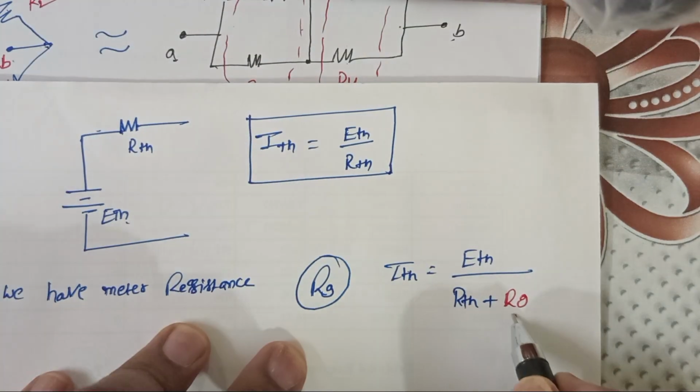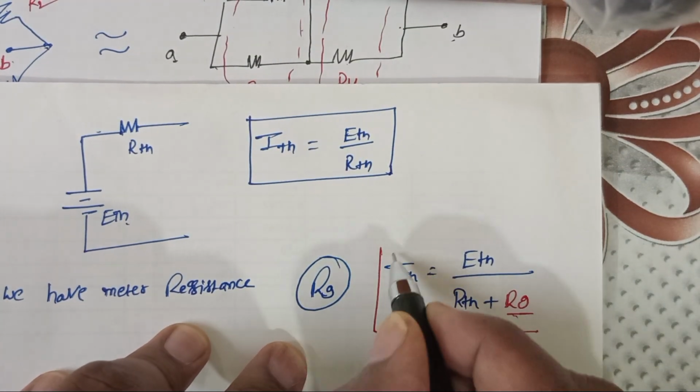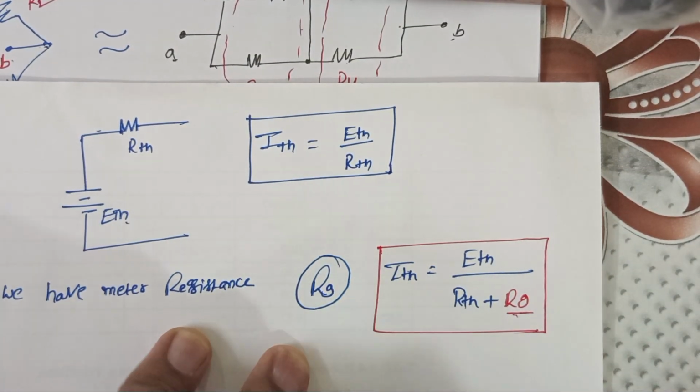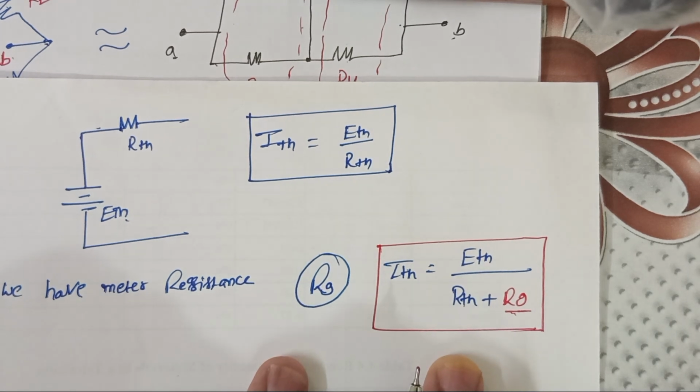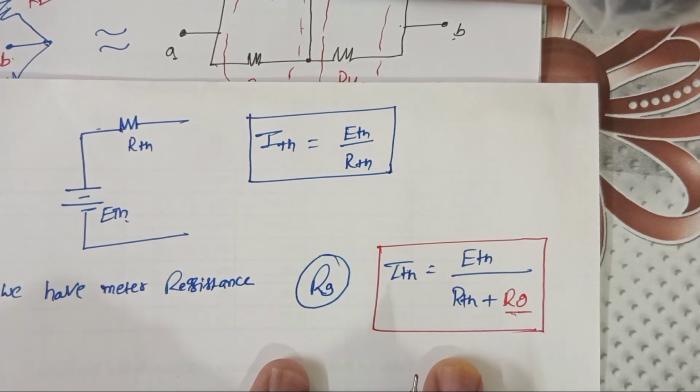Just simply add this galvanometer resistance. It is the formula for the current flowing through the galvanometer.